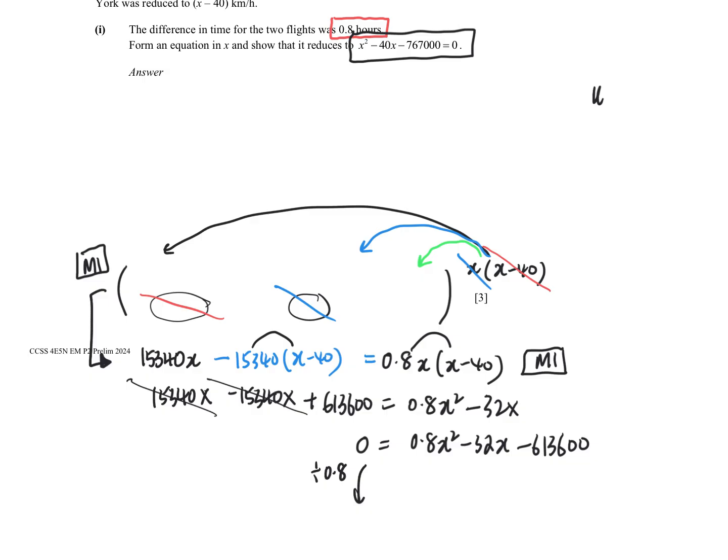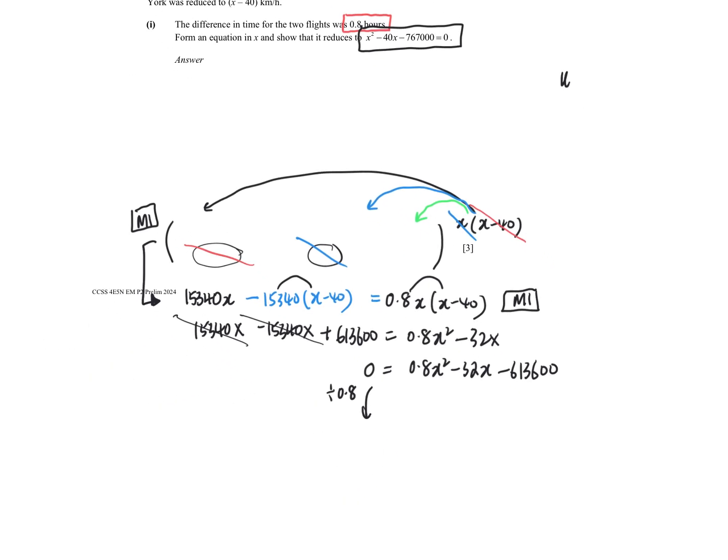Okay, listen. Imagine it's a simpler fraction. Let's say it's like that. It's a simpler one, imagine. To get rid of the fraction, I want to multiply everything by 2 and by 3, so that the denominators get cancelled out.